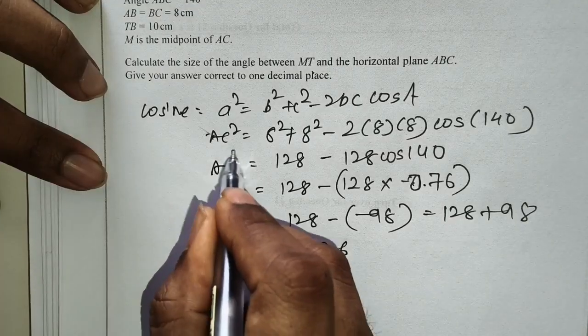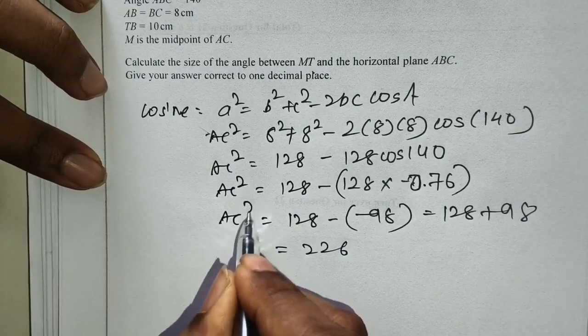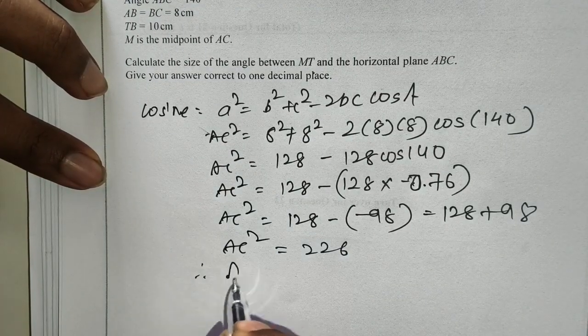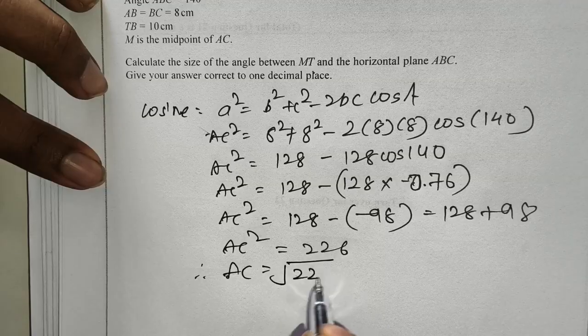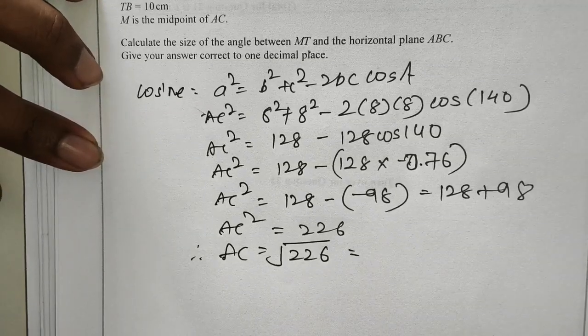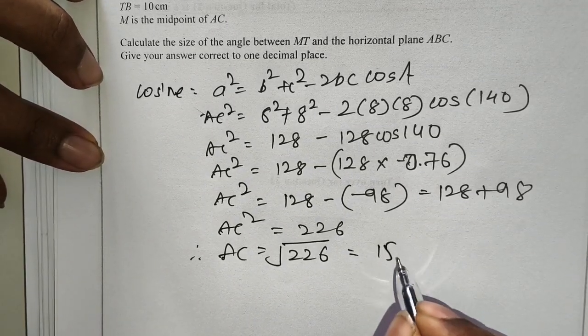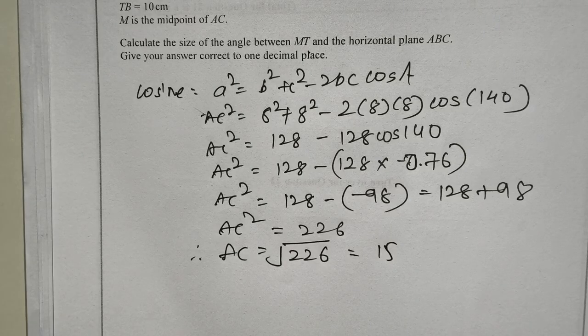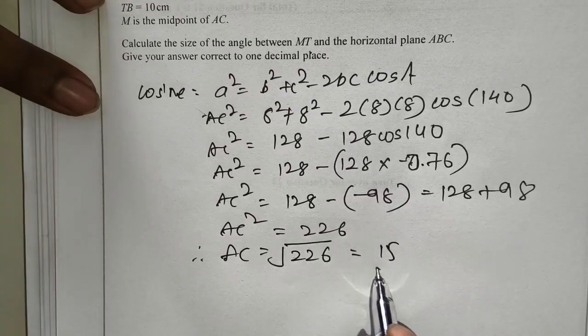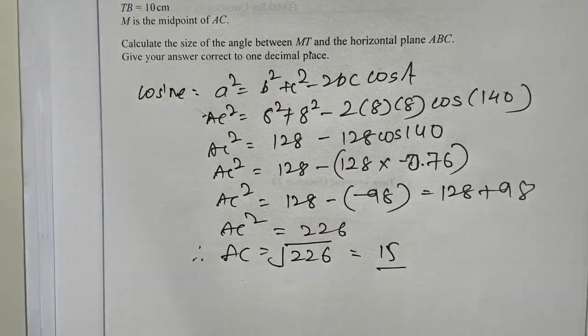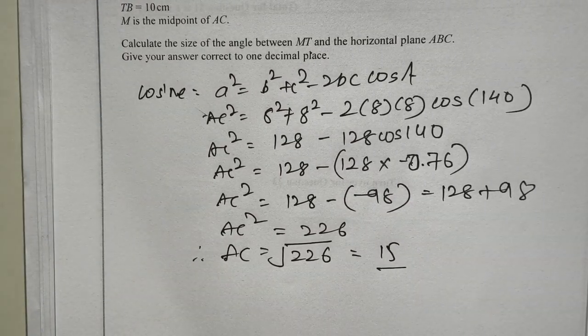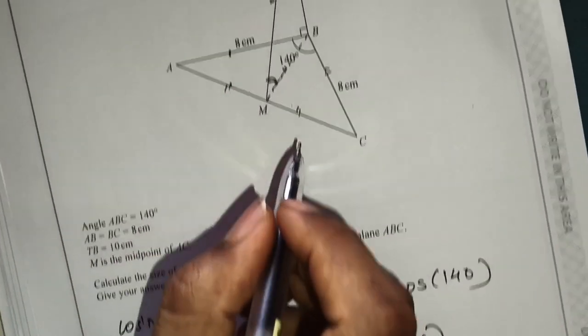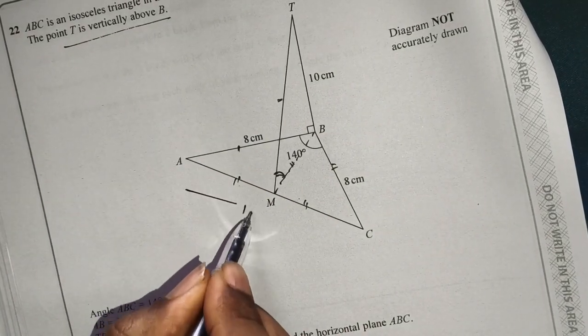Correct? So which is AC square. Hence AC is going to be the square root of 226, which will approximately be 15. Correct, because 15 square is 225, so 226 is going to be about 15. You can take this number safely.